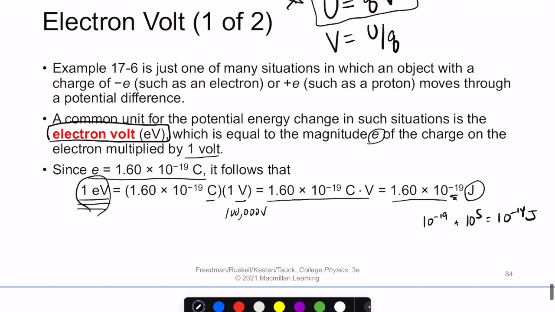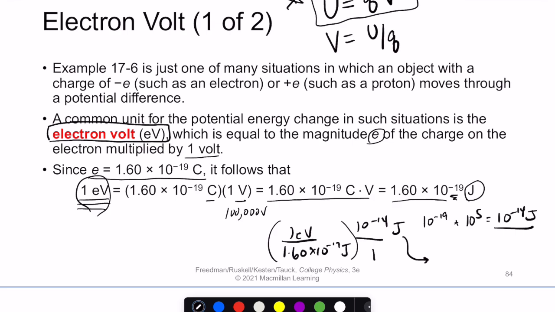The conversion factor is simply 1 eV equals 1.602 times 10 to the minus 19 joules. So if I want to convert 10 to the minus 14 joules into eV, I just multiply it by the conversion factor, and I get 10 to the minus 14 divided by 1.602.